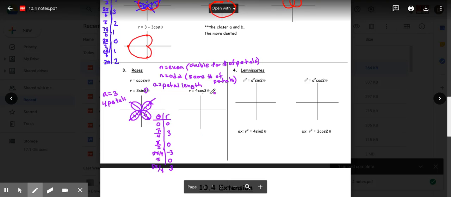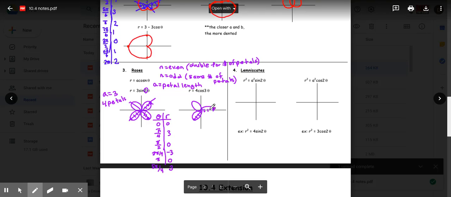Okay, and if we were to do the same thing for here, our petal length would be 4. The number n is odd here, so we're only going to have that number of petals, which would be 3, and this is going to sit on the x-axis. So it actually goes out to 3 here, first petal, and then there's going to be one down here, and then one out here.